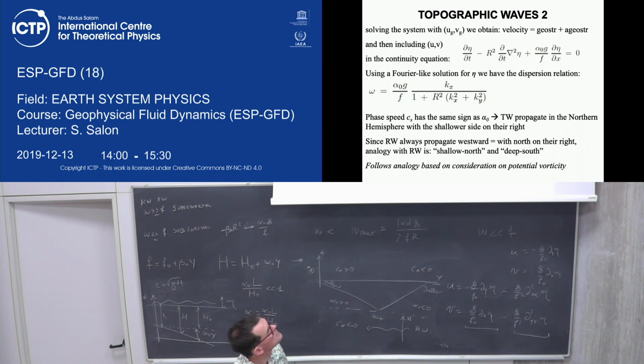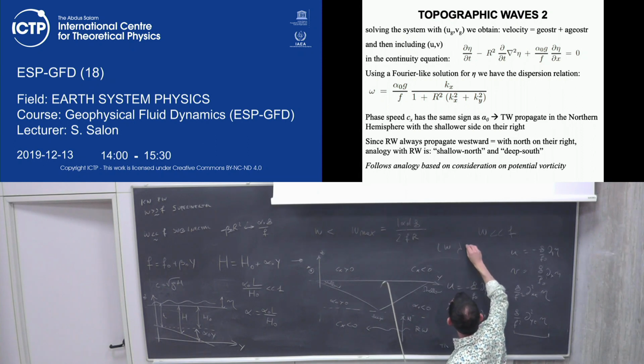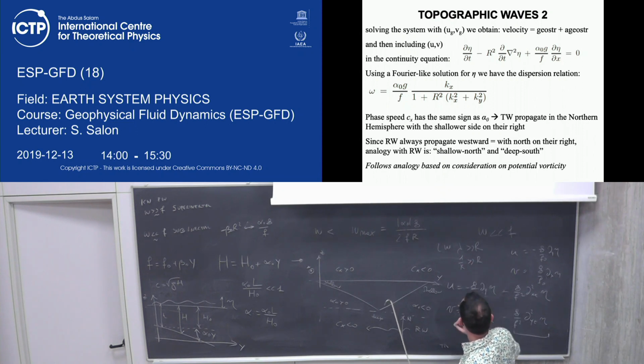So just working on this: if I am on the longer waves, if lambda is much larger than R, then 1/k is much larger than R, so Rk is much smaller than 1.